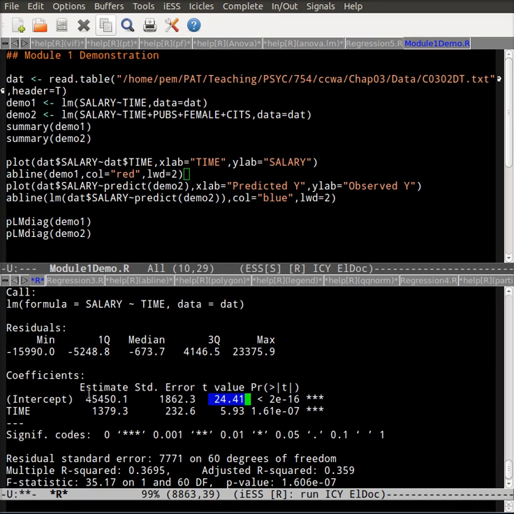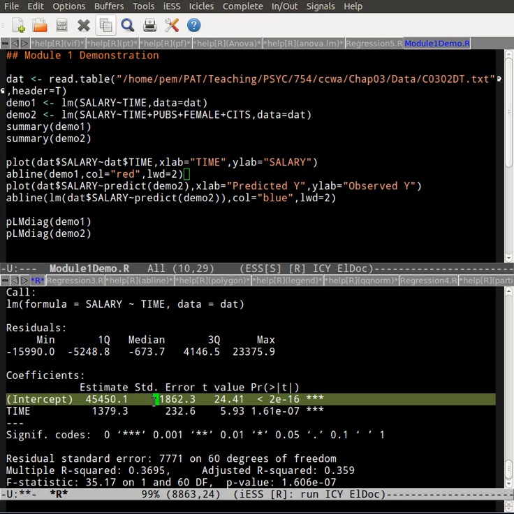The t-value is high. The way we get the t-value is we take the parameter estimate divided by the standard error, which is the lack of precision. The standard error is a measure of precision, and it reflects how uncertain we would be about this parameter estimate here.